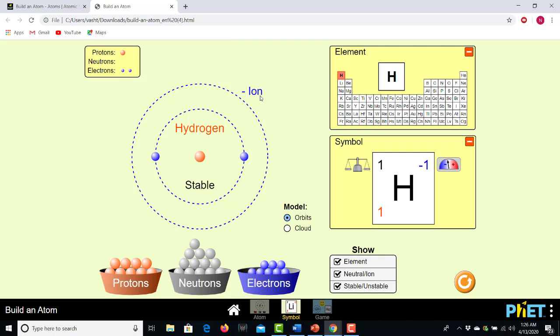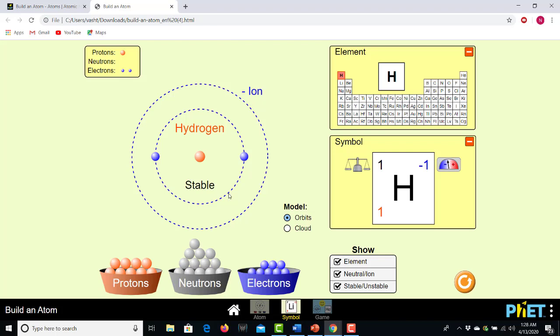If the number of protons is greater than the number of electrons, then you have a positive ion called a cation. But in this case, the number of electrons is greater than the number of protons, and so we have a negative ion called an anion, spelled A-N-I-O-N.